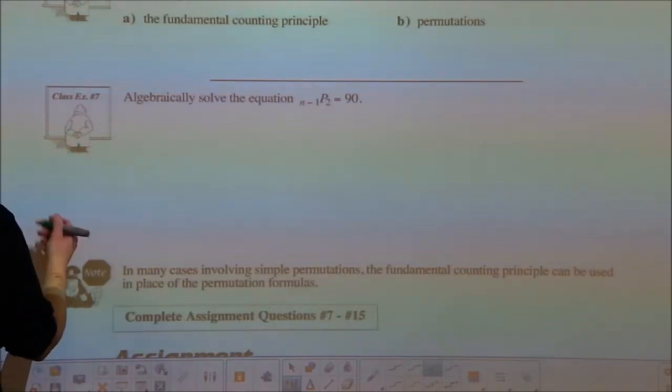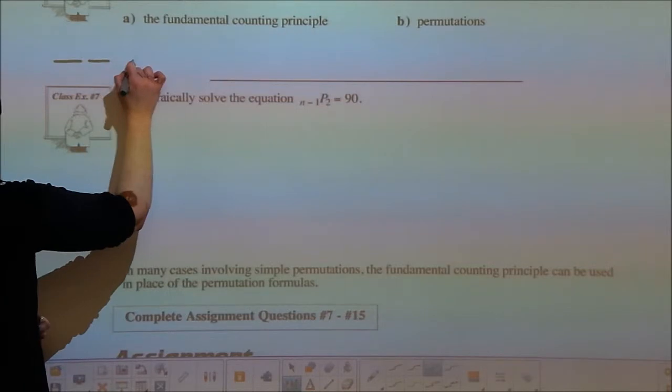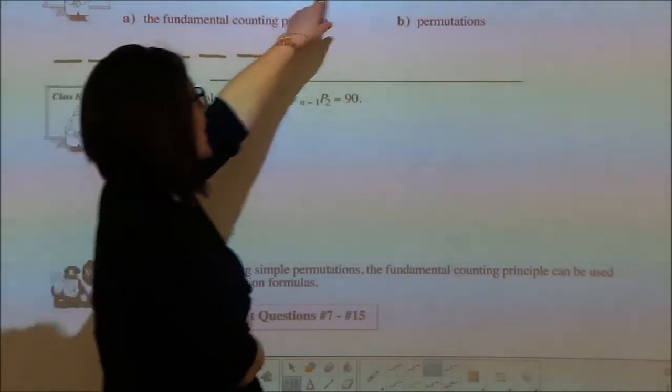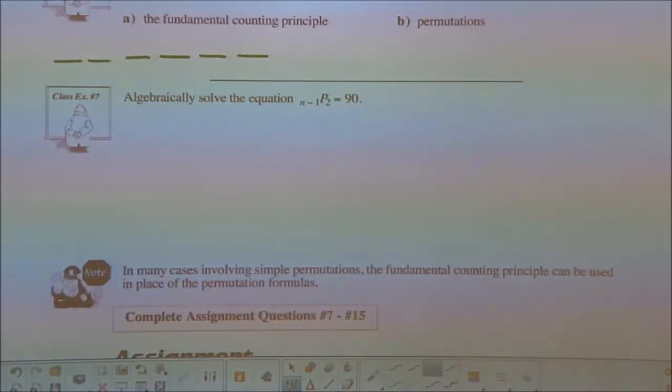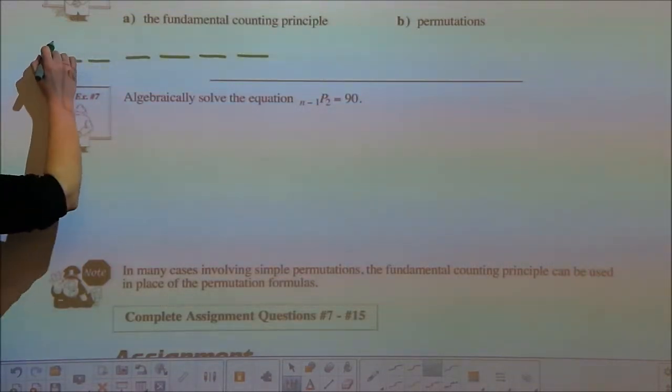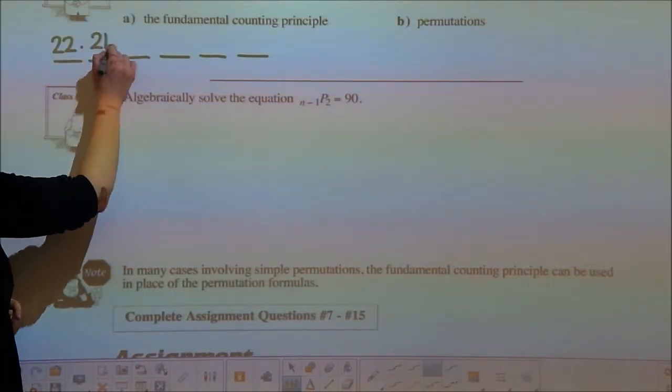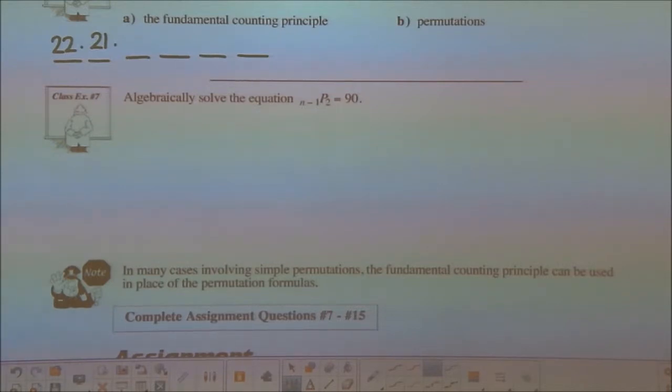So I have 2 letters followed by 4 digits. Two different letters, meaning no repetitions, and I cannot use the letters I, O, Y, and Z. So how many choices do I have for my first letter? 22. How many for the second? 21. Okay. And then I have my digits, 4 different digits.